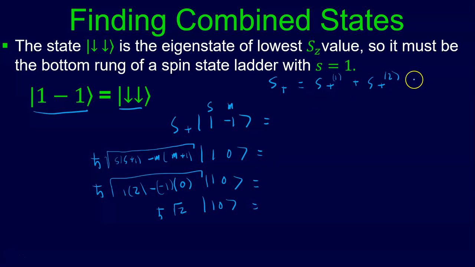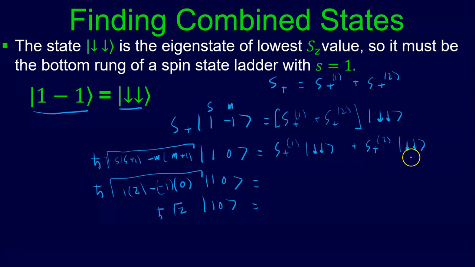And so now we apply these two operators onto this thing. The way I would write that out carefully is S plus for particle number 1, and S plus for particle number 2, and that would be times these two states. And so what would happen is I would just distribute this. So this would be times down, down, and then plus S plus 2. And we described how these operate on spin 1/2.